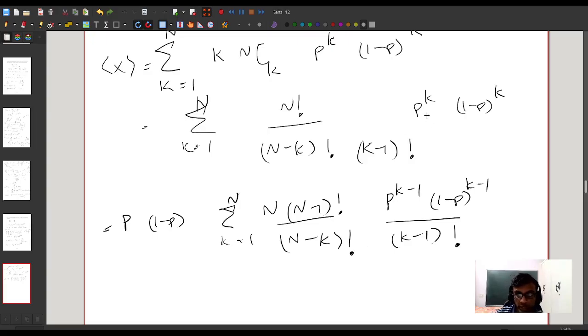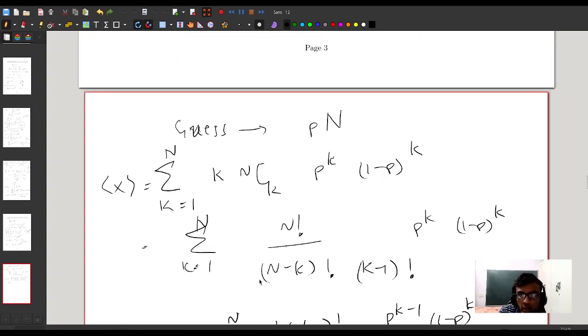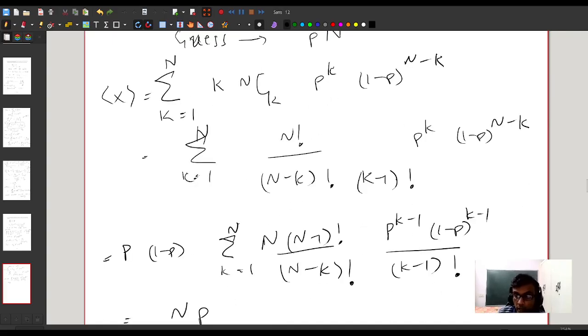We have just factored out p and n, and we also factored out an n here, so that is going to look like np times... I'm very sorry. Here it is n minus k, this is also n minus k.